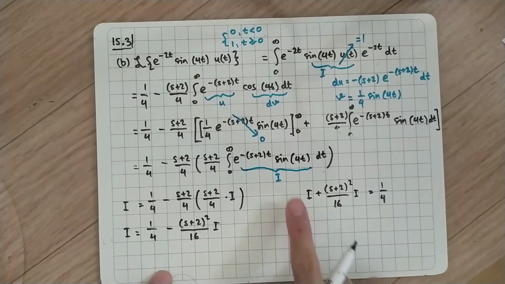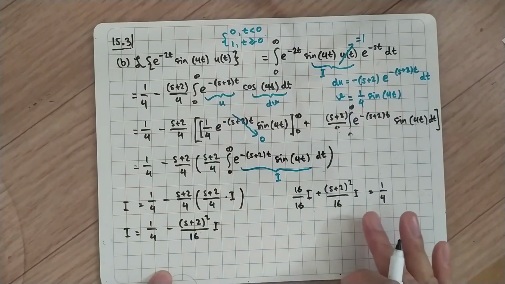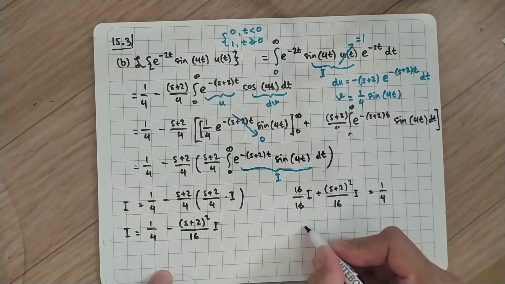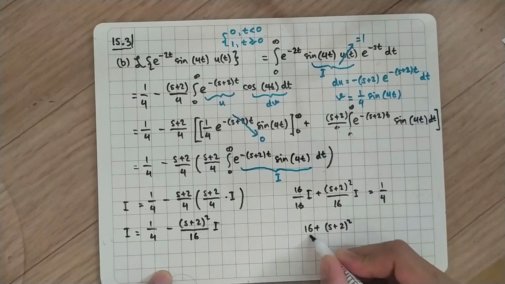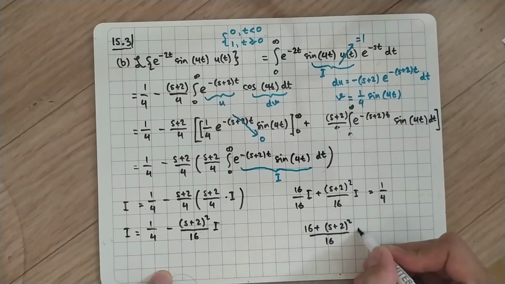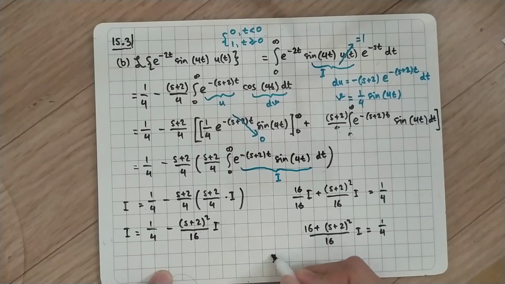Now we can rewrite 1 here as 16 over 16. So we will have (16 plus (s plus 2) squared) divided by 16 of I is equal to 1/4, or I is 1/4 times 16 divided by (s plus 2) squared plus 16.